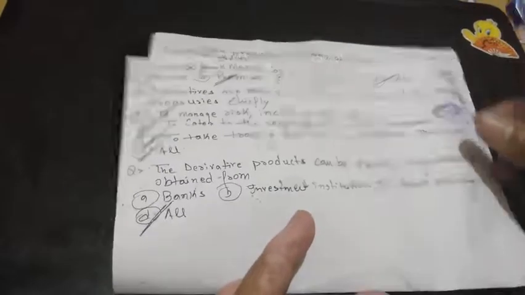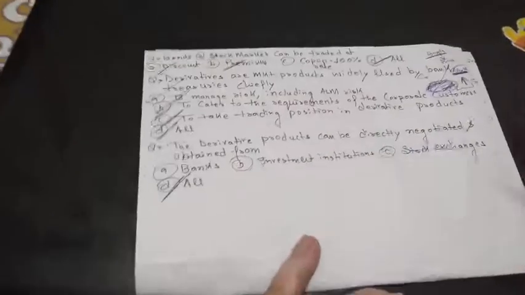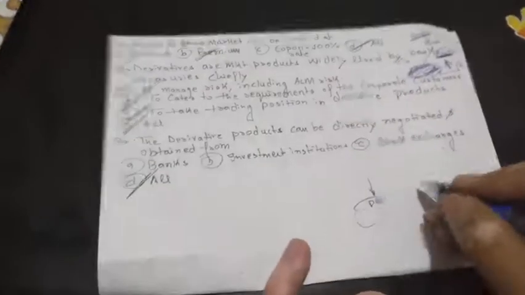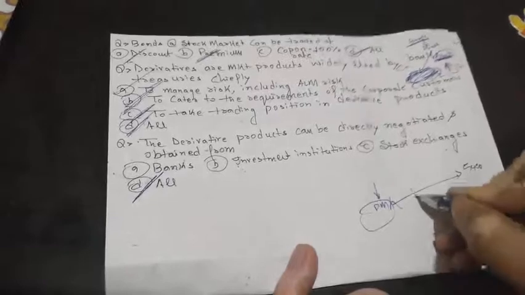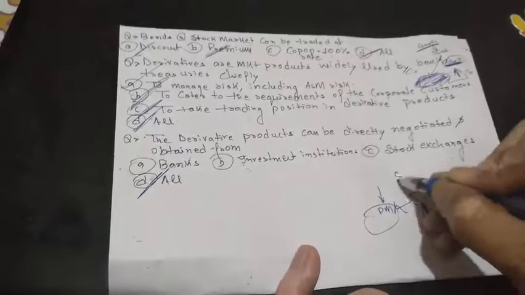So we will take the next question, that is bonds. Bonds trading at the stock market can be traded as, for example, you have taken a bond from the primary market for 5 years maturity, but after 1 year you need money, you need liquidity, so you sell this bond at the stock market.